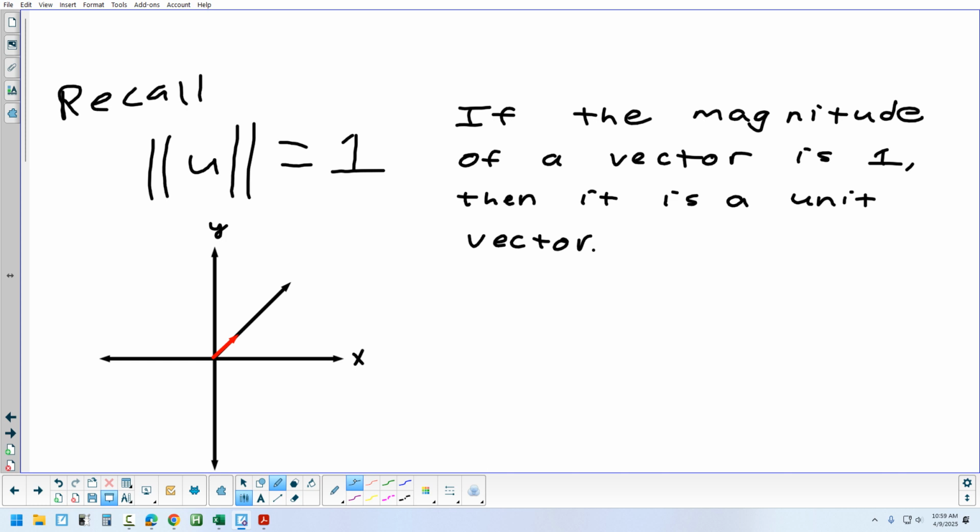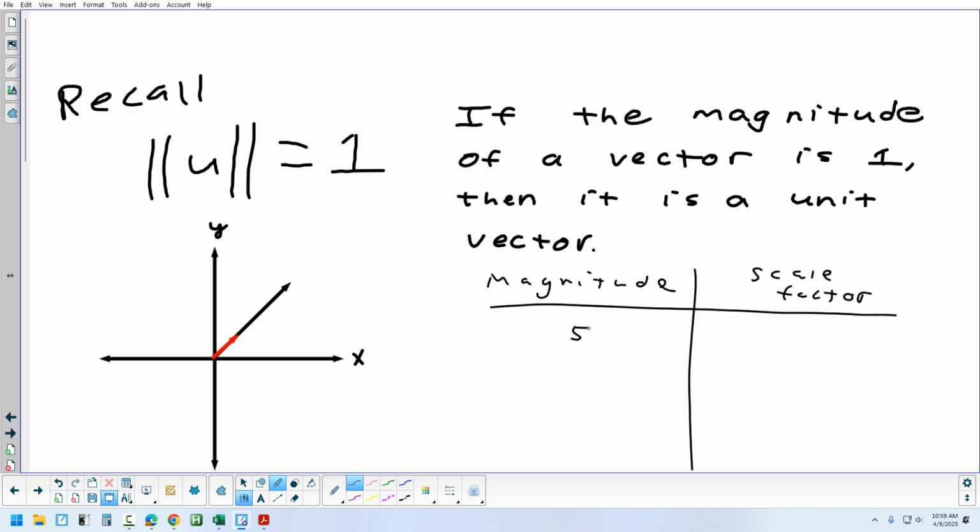So let's see if we can come up with kind of a pattern of what you have to scale a vector by to make it 1 unit long. So let's say we had, I'm going to use the word magnitude, and the scale factor. If you had a vector that is 5 units long, what would you scale it by to make it 1 unit?